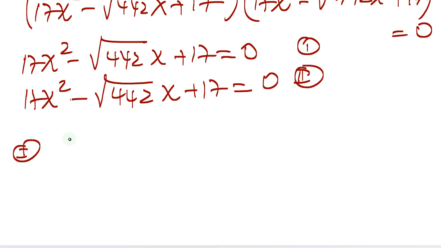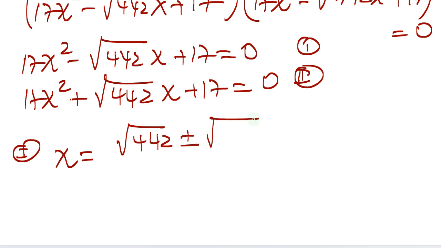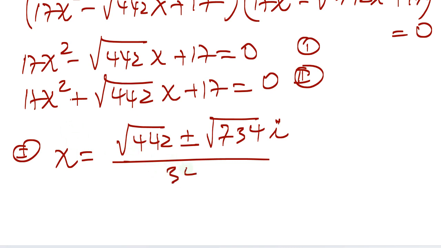From the first one, x is going to be equal to minus b, which is minus square root of 42, plus or minus, simplifying everything, square root of 734 times i, all divided by 2 times 17, which is 34.